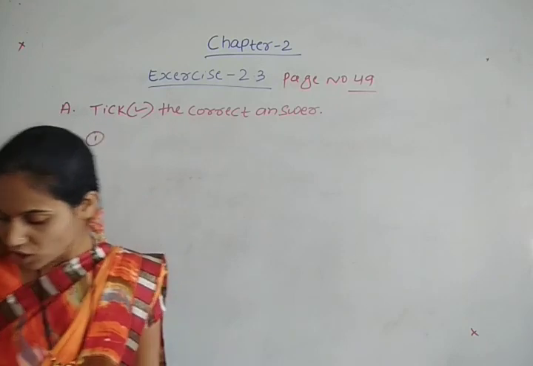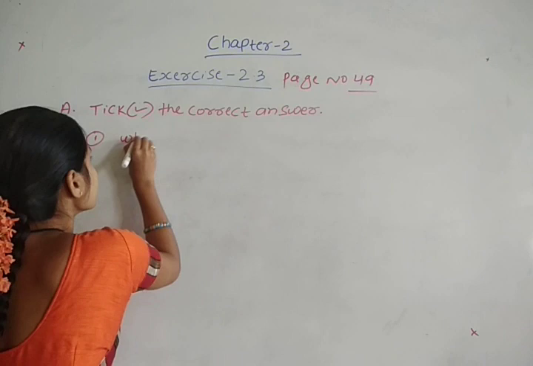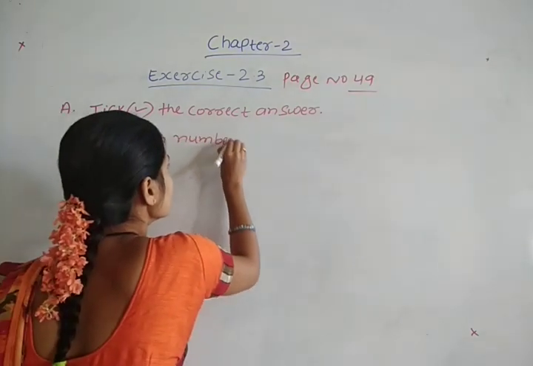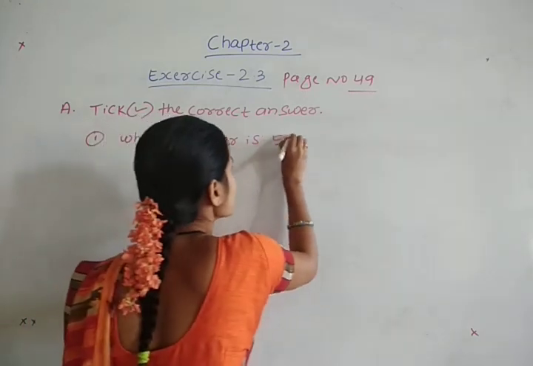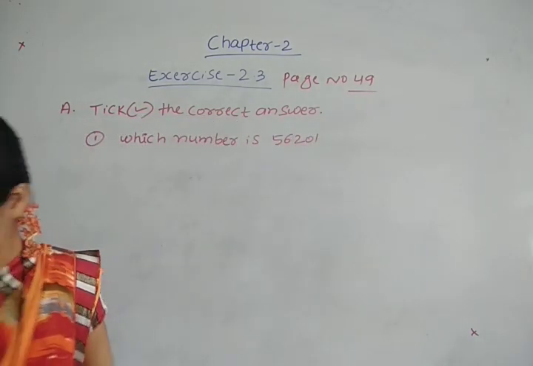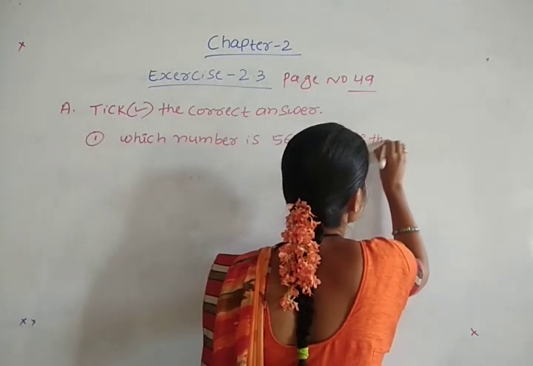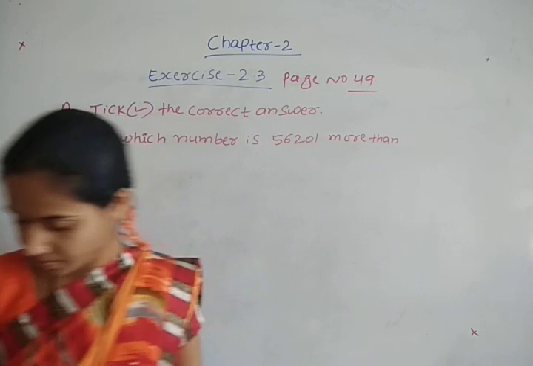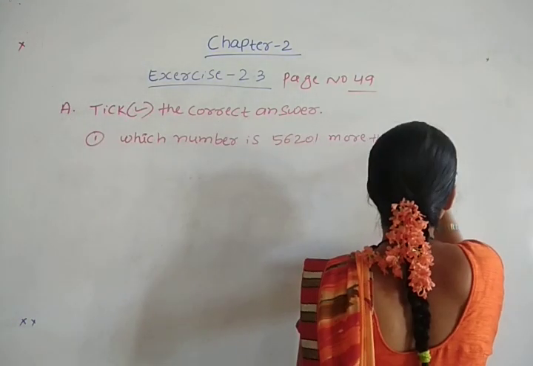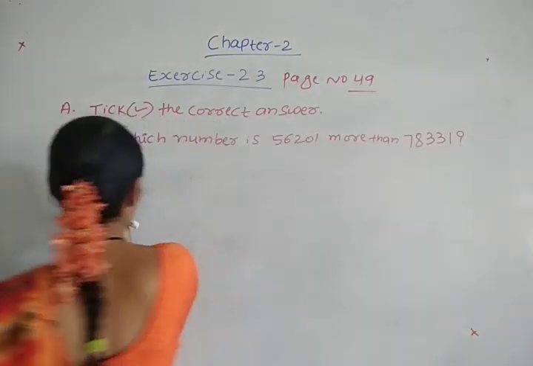Okay, which number is 56,201 more than 78,331? Okay, so this is the question.